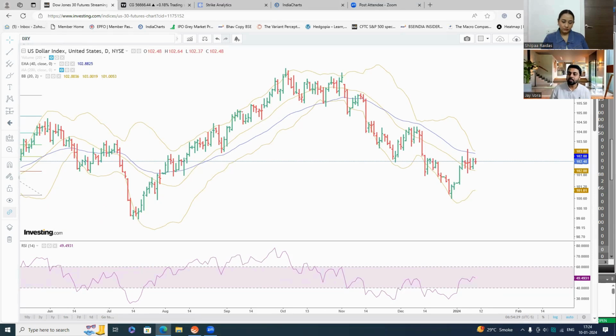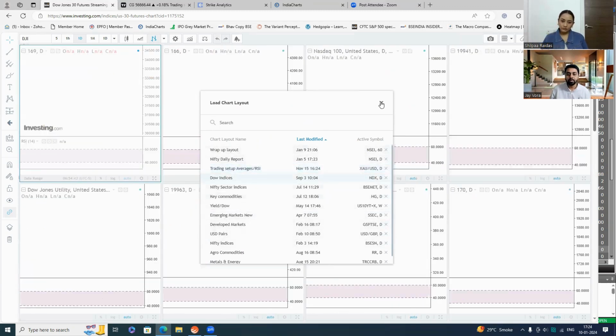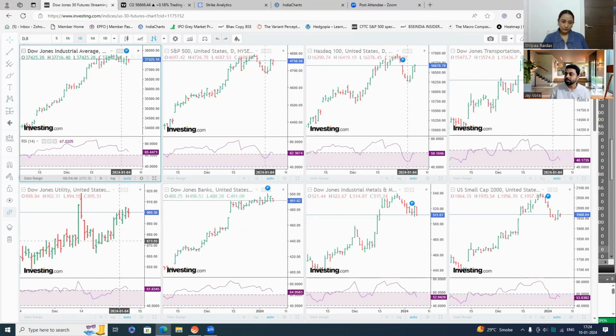Right. Now, when we look at the US indices, it's frankly all over the place. The reason I say that is because when we look at the US indices, you would see that everything is actually rising, right?